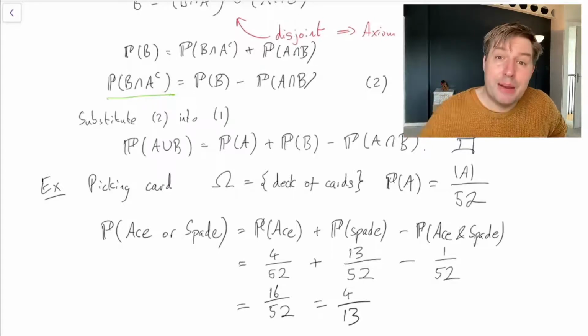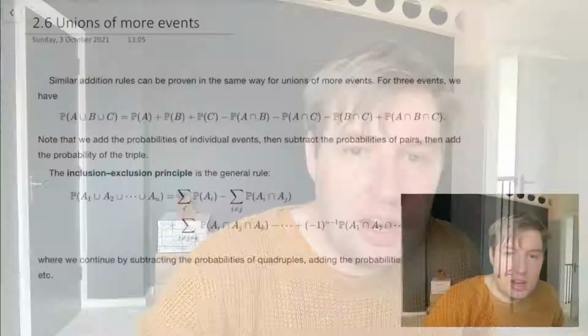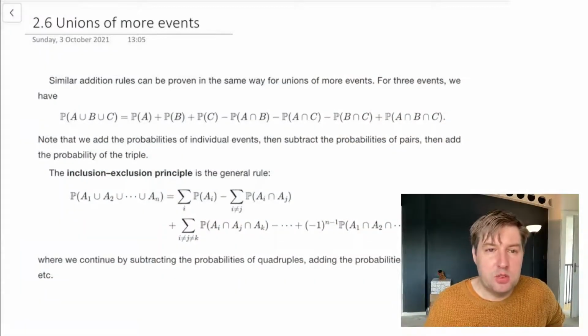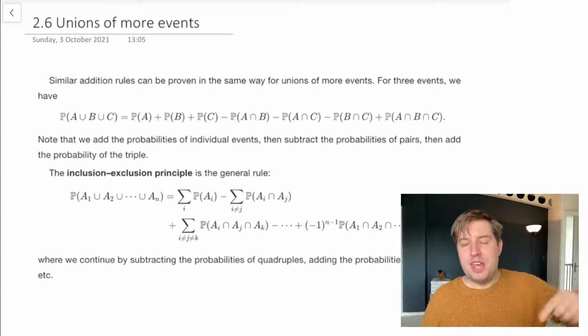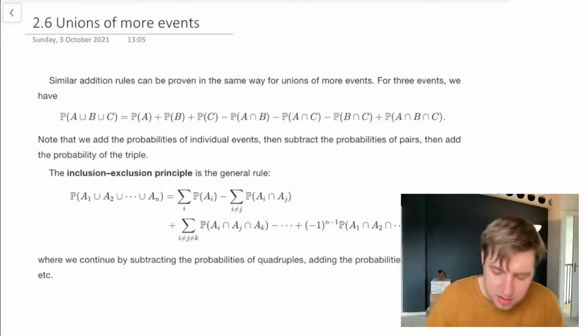So that was an application of our addition rule for unions. Just finally, you can also do addition rules for more events, which I've written down here. The first one is the addition rule for 3 events. So remember that for 2, we added the individual probabilities and then took away the double.